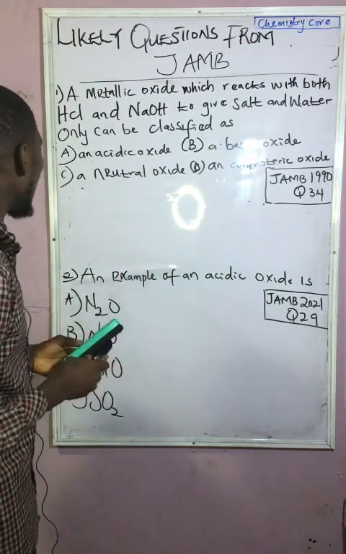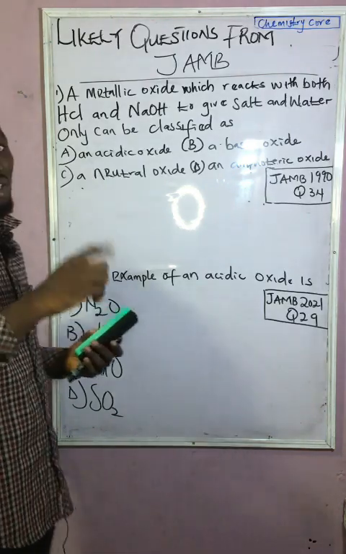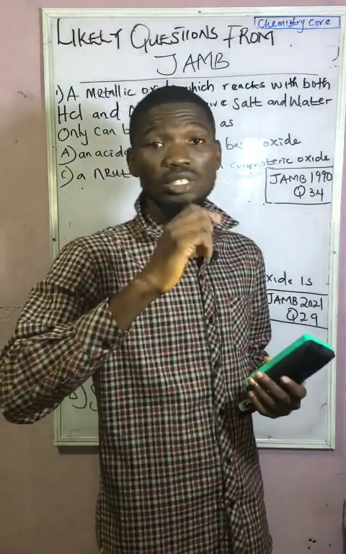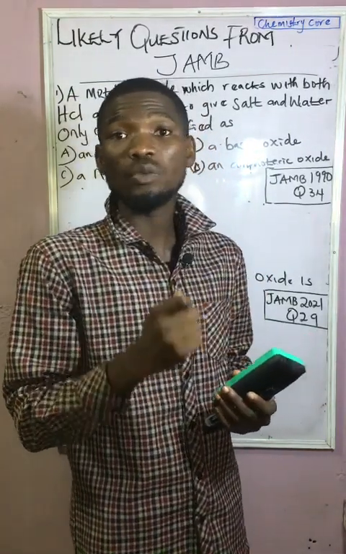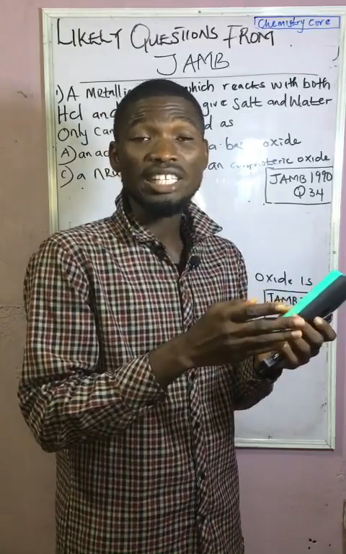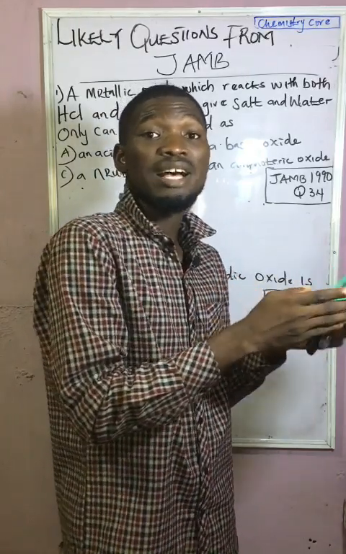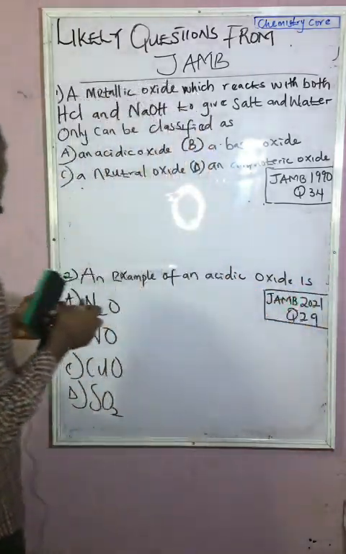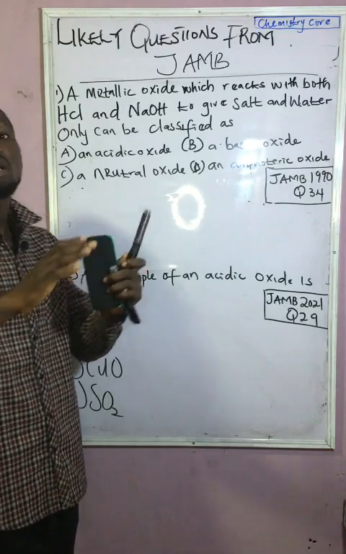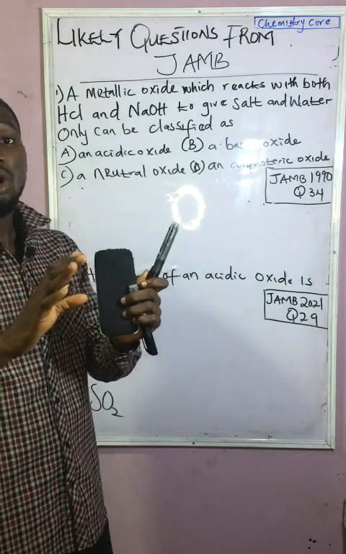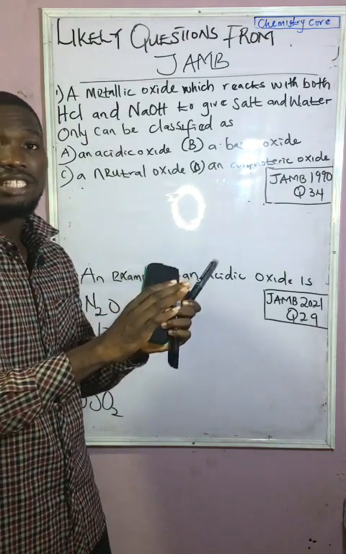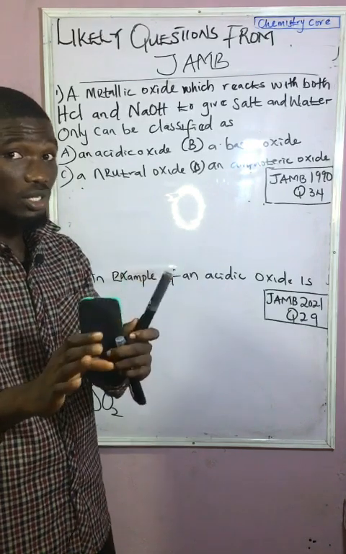So if I were to look at one of those compounds under the amphoteric oxide that can easily react with a strong acid and a strong base, aluminium oxide. Though there are other examples under it, the likes of zinc oxide as well as beryllium oxide.